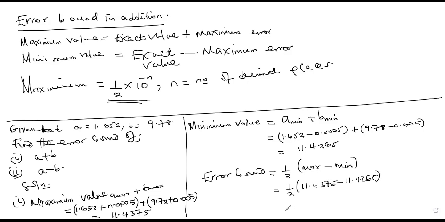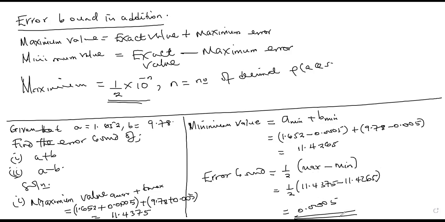So it will be a half of that, which will be 0.0005. So this is what we call the error bound.